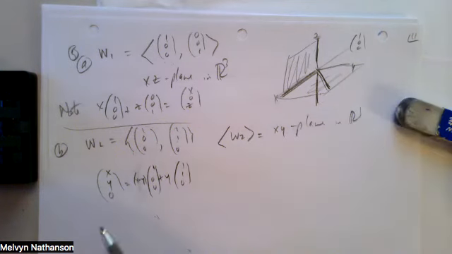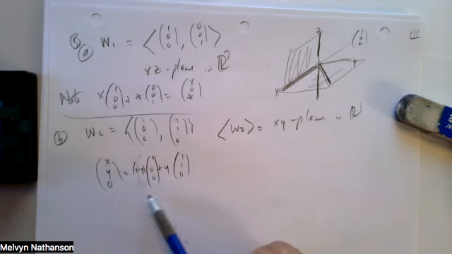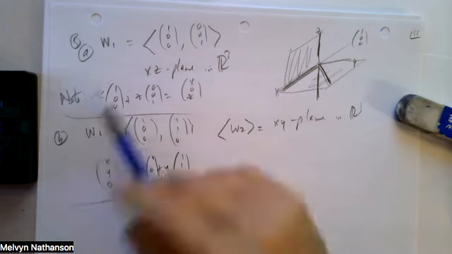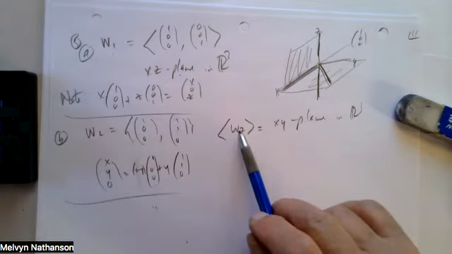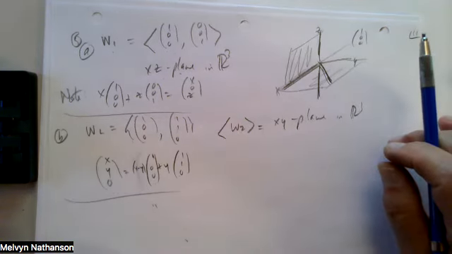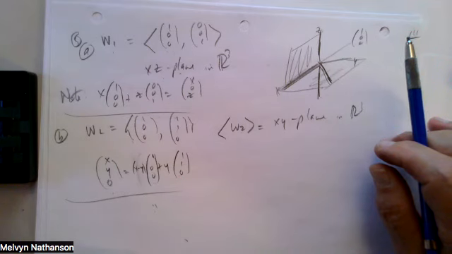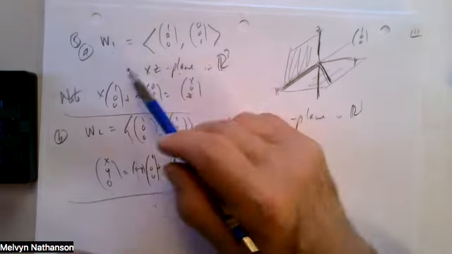So every vector where the z coordinate is 0 is a linear combination of these two vectors. So W1 is the xz plane. W2 is the xy plane.